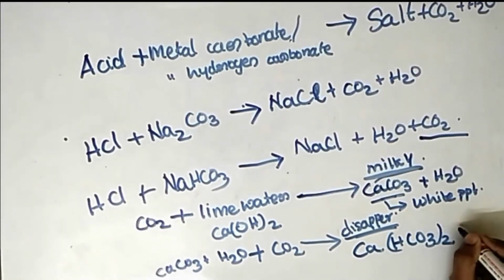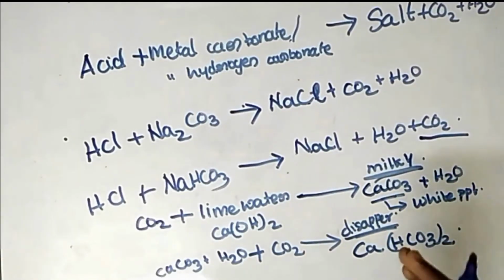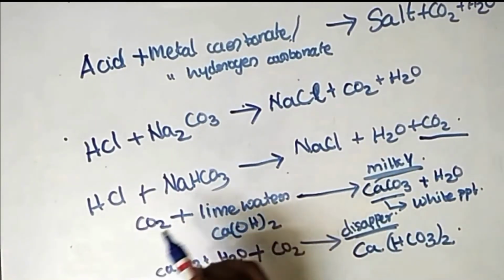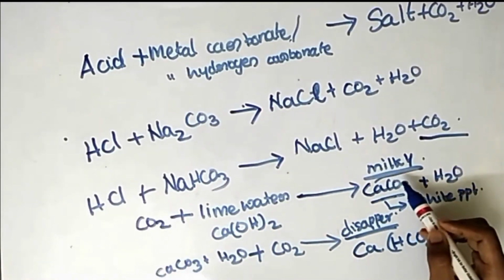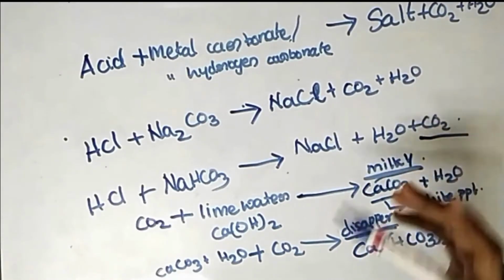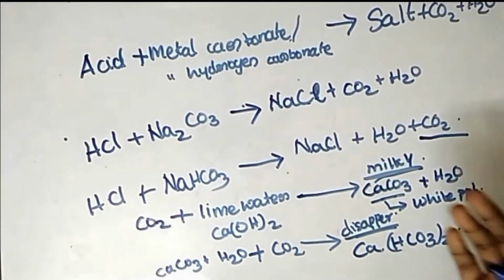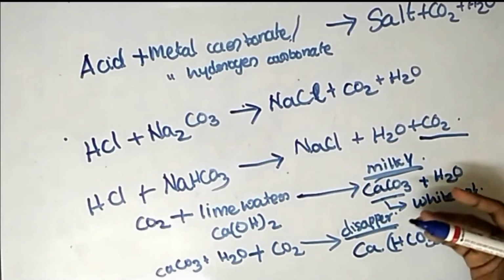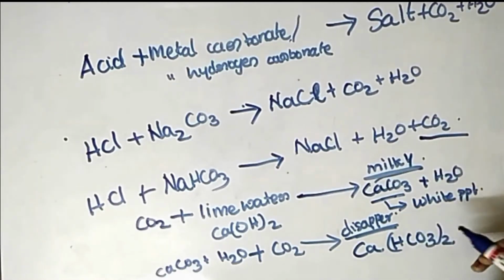So calcium carbonate, water and carbon dioxide react together to form calcium hydrogen carbonate. That is, when we mix lime water with carbon dioxide, it turns milky with the formation of calcium carbonate. That is the test for carbon dioxide. And if we again pass excess carbon dioxide, the milky color disappears because of the formation of calcium hydrogen carbonate.